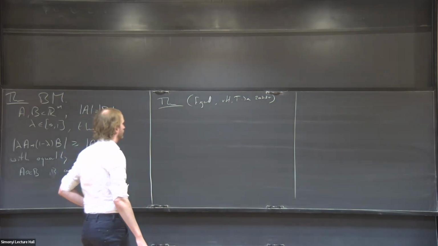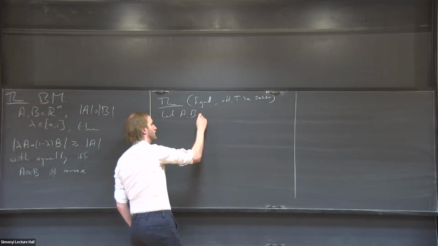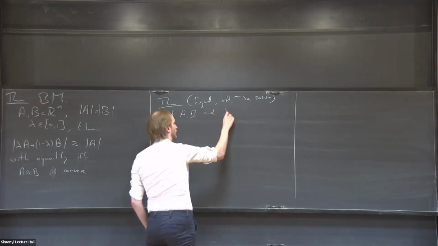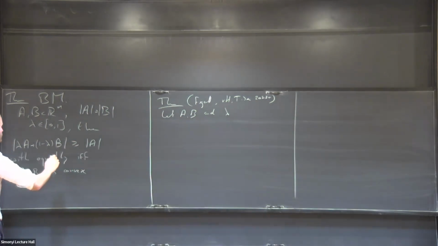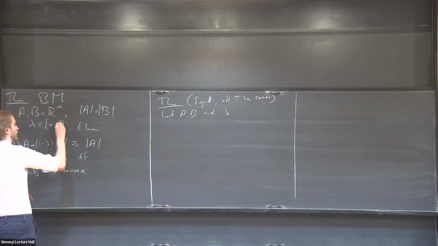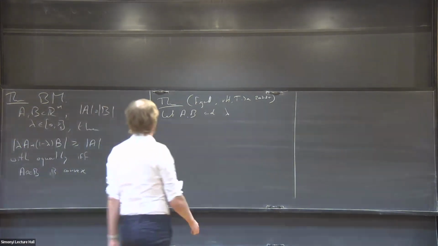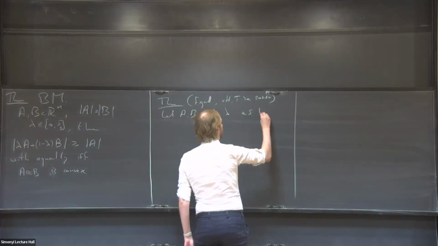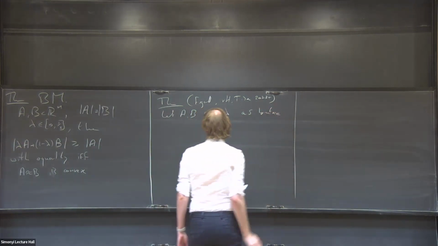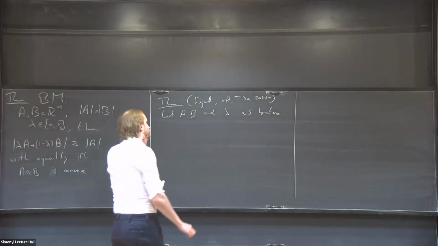It states that, let A, B and lambda be as here. Maybe notice that I dealt with the case where lambda can be close to 1 and to 0, just for my sake. Let's make this a half so that I know that lambda is always relatively small. Of course, that doesn't change anything, it just specifies which side I'm working on.